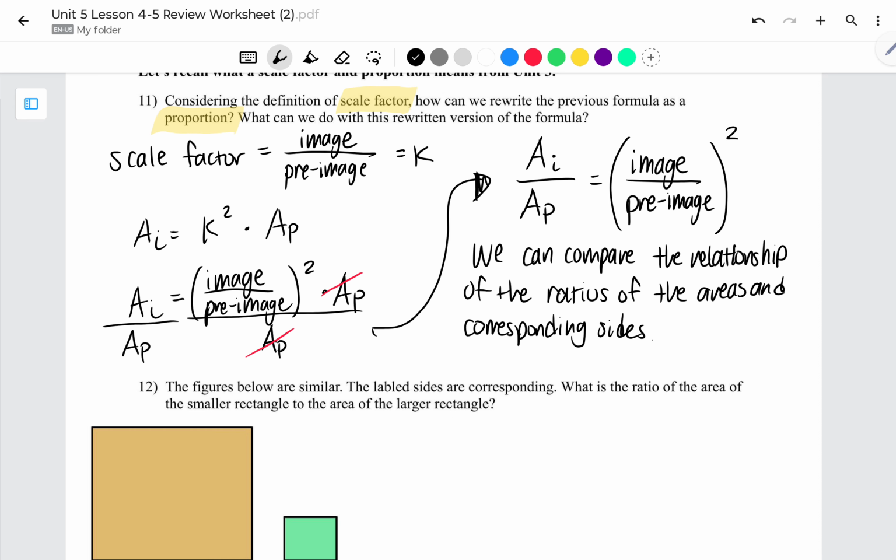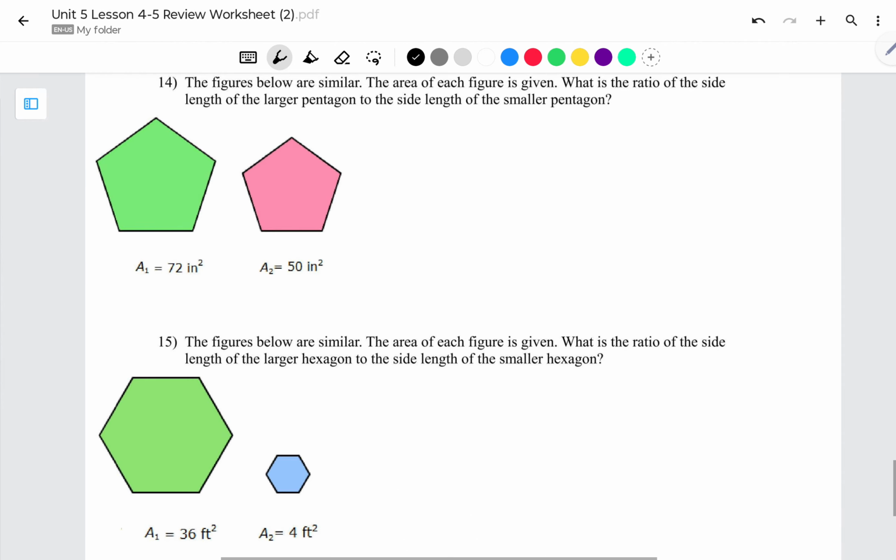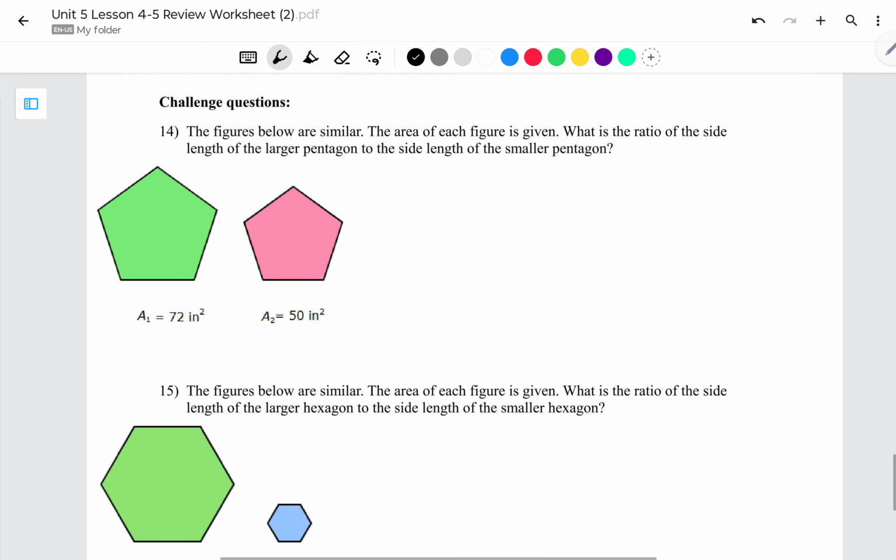That's the cool part about math. You can tweak it and adjust it a little bit to what you need from it. Okay, the formula doesn't tell you how to use it. The formula is there, and you can use it however you need to. So I'll do a couple of these.